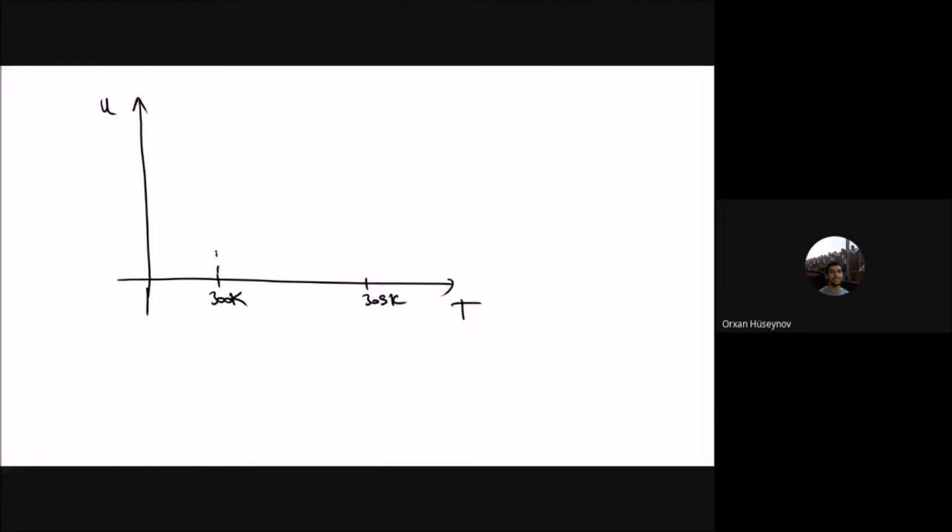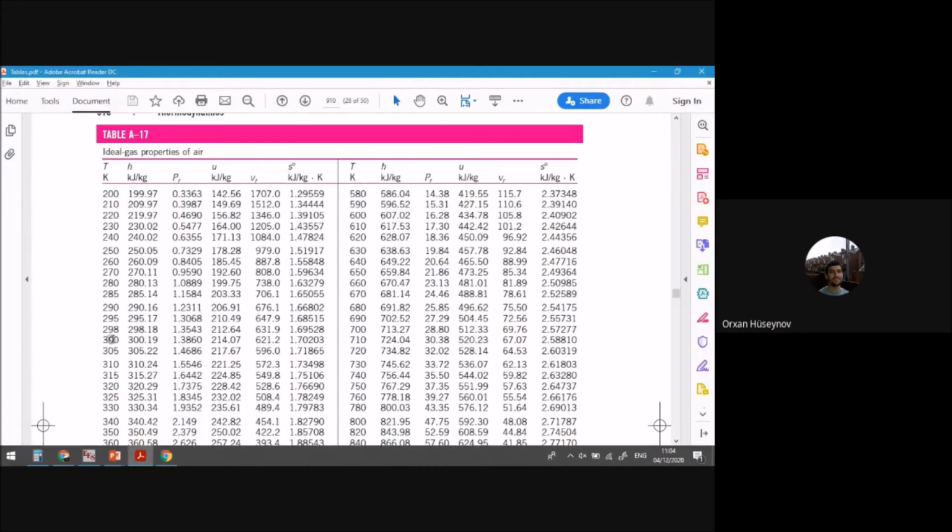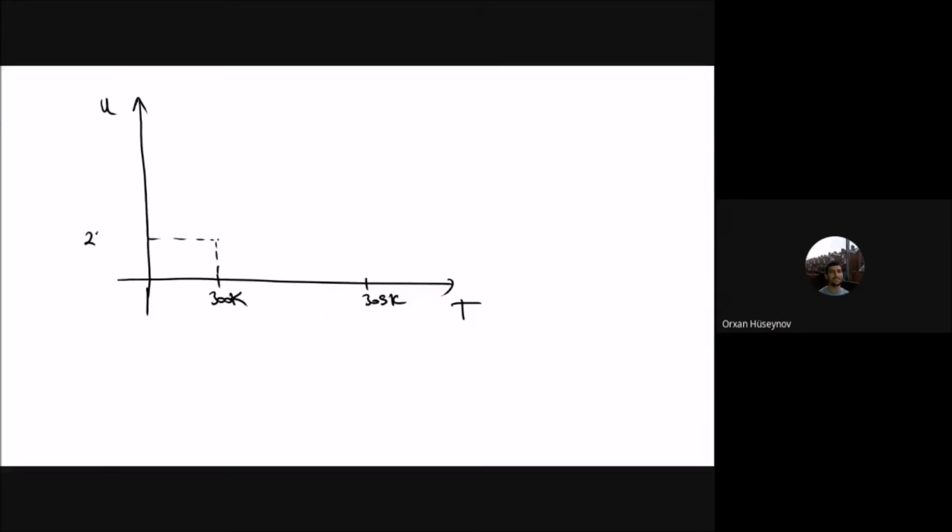For 300 Kelvin, the internal energy value is 214.07. This one has a unit of kilojoules per kilogram, and this one has a unit of Kelvin.